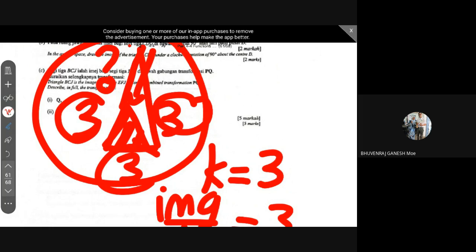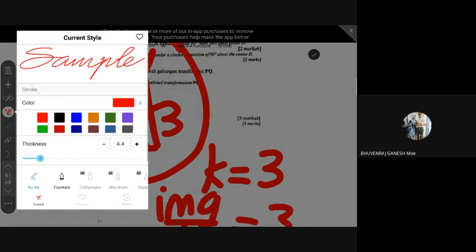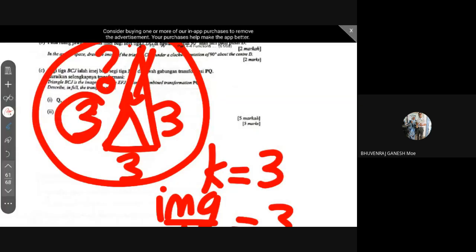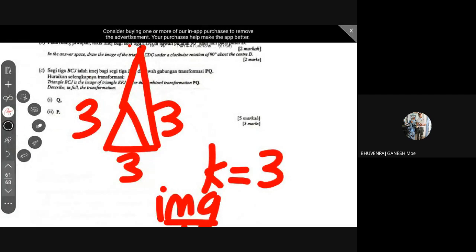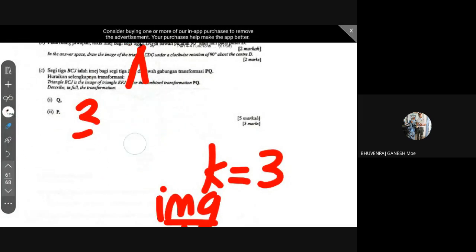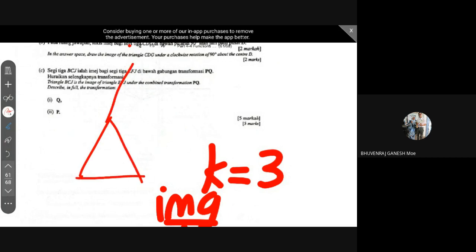No, not 90 degrees. These are not right angle triangles. I think the pen is too thick. Wait, let me use a less thick one. Sometimes it's a bit confusing. Wait, I'll draw it back for you. It's an equilateral triangle, because just now I said 3, 3, 3, right?